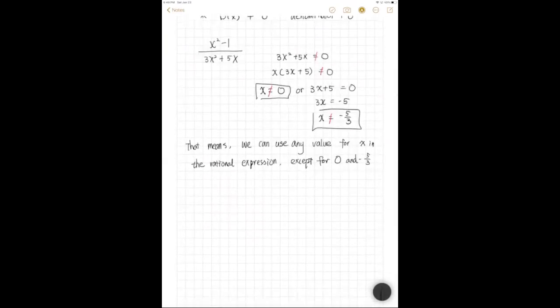Okay, now example 2. I want to teach you how to evaluate the rational expression. So for example, I have a rational expression x squared minus 4 over x squared plus 6x plus 8 when x equals negative 6. Okay, so that is similar to the polynomial.